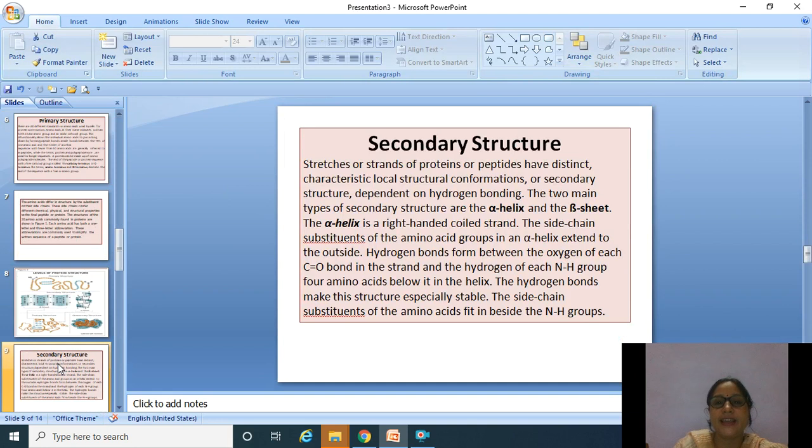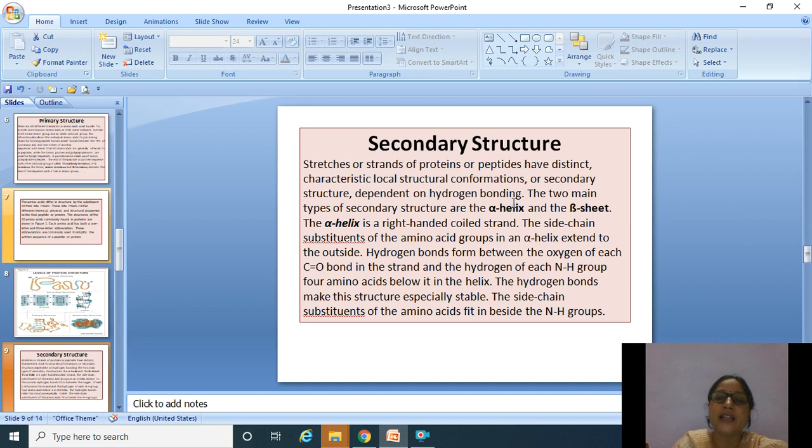Now we come to the secondary structure. The secondary structure is the result of the stretching or the folding of the polypeptide chain. Stretches or strands of proteins or peptides have distinct characteristic local structural conformations, or secondary structure, dependent on hydrogen bonding.